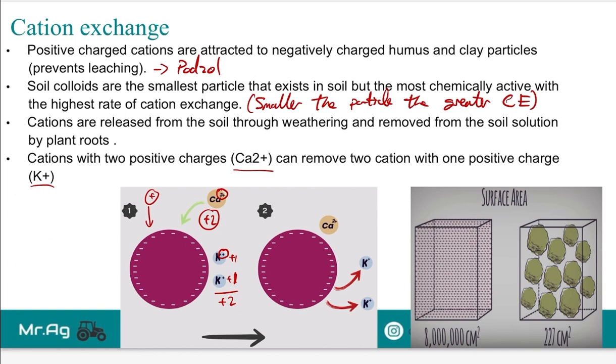If we have two positively charged potassium ions attached to our clay particle and our calcium comes in, that is going to remove our two potassiums. This is particularly useful when we're talking about liming, as it removes our acidic hydrogen ions. That's where it is very useful.